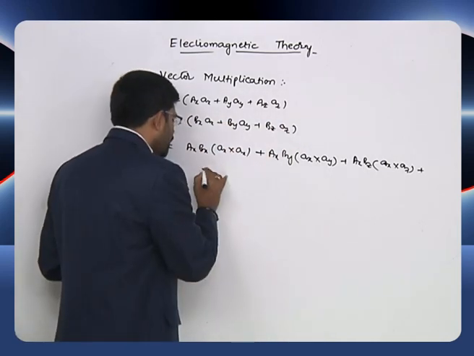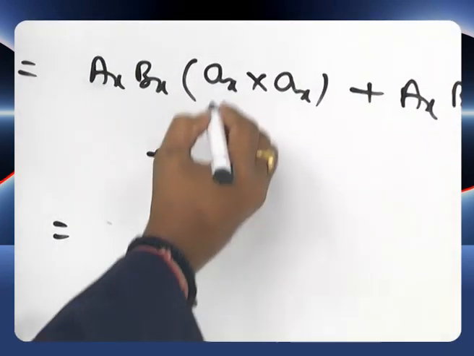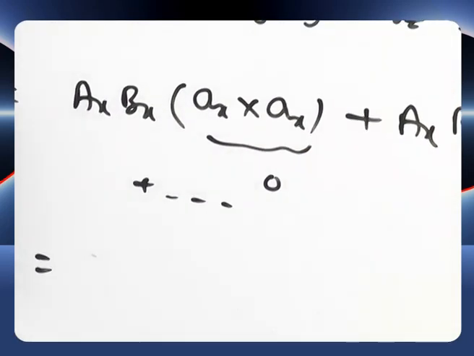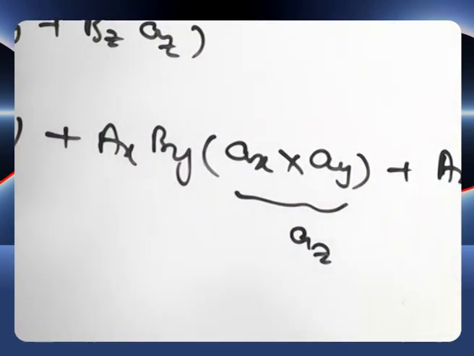That we can examine later, no problem. But examine now the first term. If you observe this, a_x cross a_x, obviously what you will get is 0. This a_x cross a_y is a_z.